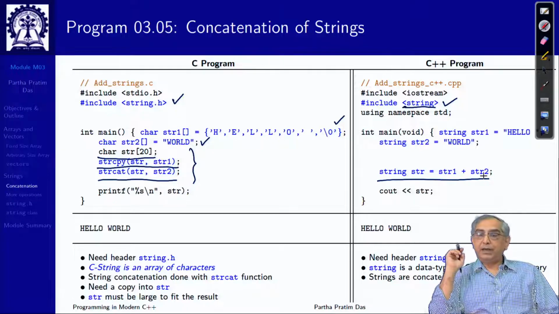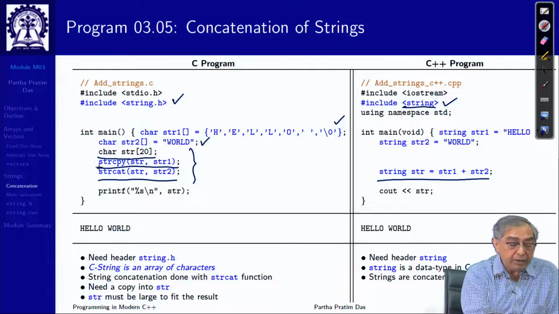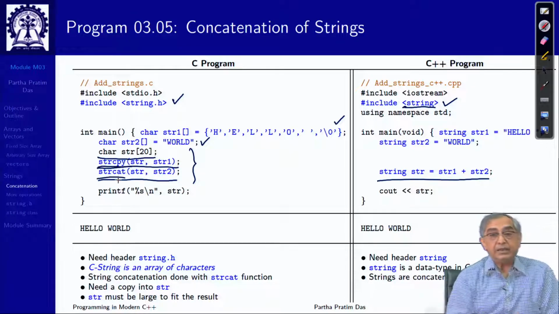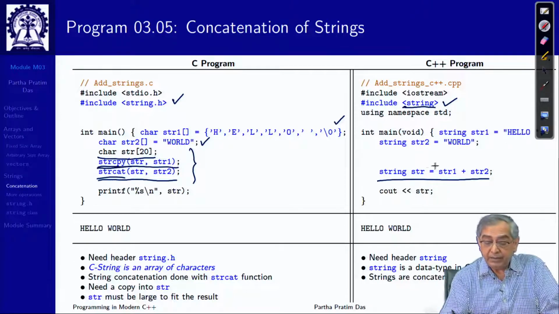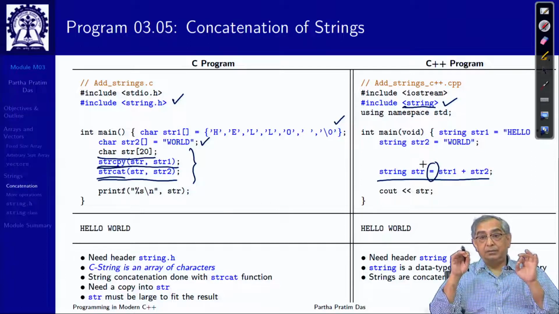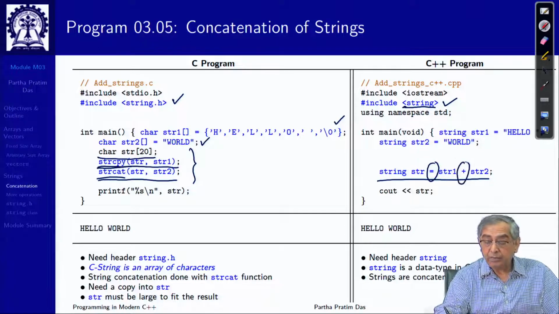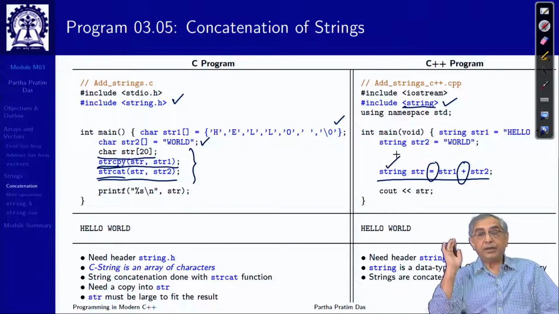Right? And then what you achieved in terms of strcpy and strcat is putting the values in that target array str. That is simply done by another operator, assignment. A string is a type here. So, it supports plus to mean concatenation, it supports assignment to mean overwriting a string, and the name of the type is string.